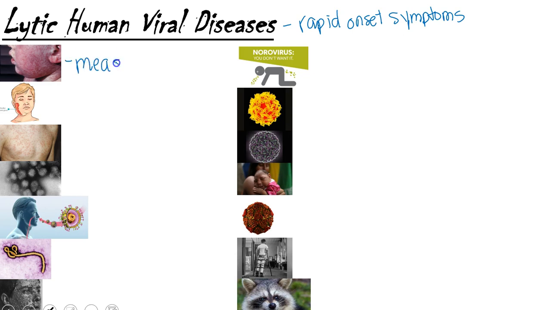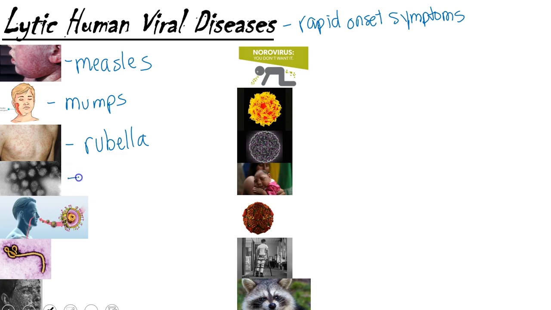Measles is a lytic cycle virus, as is mumps. And you do need to know these diseases, so you should be taking notes on these. Rubella, also known as German measles, is another type of lytic viral human disease. Again, all rapid onset. These are ones that we don't typically see as much lately because our vaccines are usually pretty good for them.